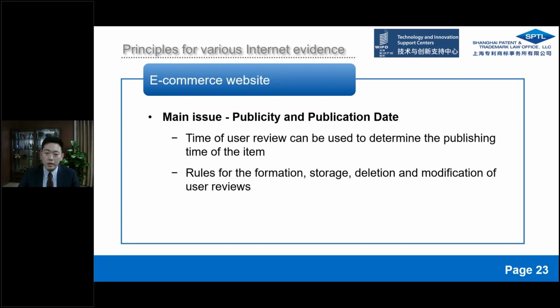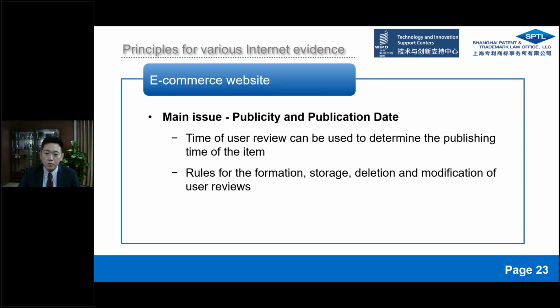Other types of internet evidence may include e-commerce websites and video websites. For e-commerce websites, the time of user review can be used to determine the publication time of the item. Take Jingdong as an example. The possibility of tampering with the content on the web page by itself or others is very low.